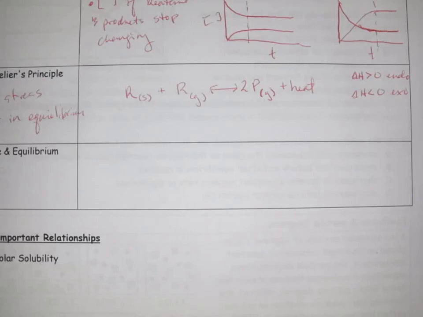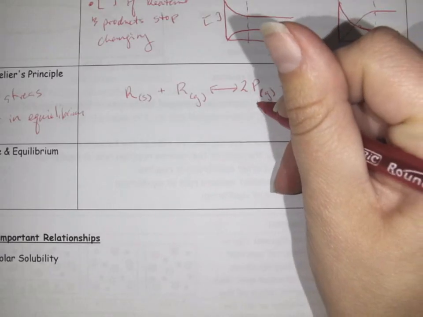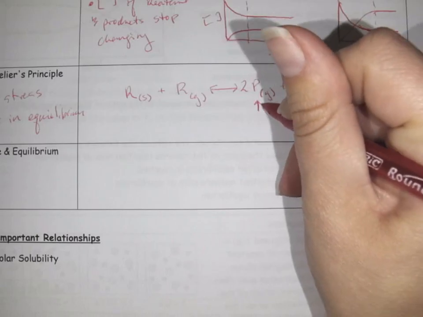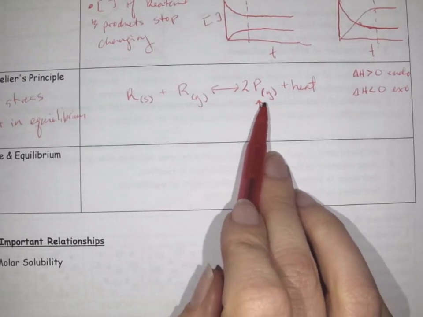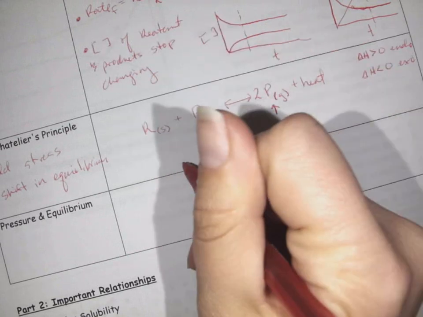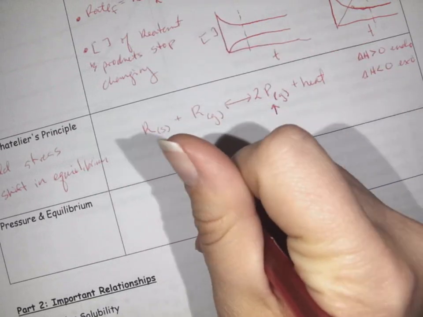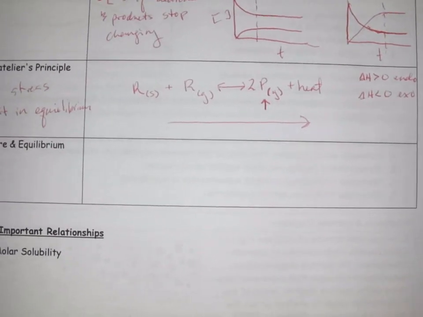So for example, let's say that we are trying to maximize the amount of product that we're making. Like, let's say we want the reaction to respond by increasing more of this product. Well, producing more product will only occur if we are favoring the forward reaction, right? When reactants turn into products.